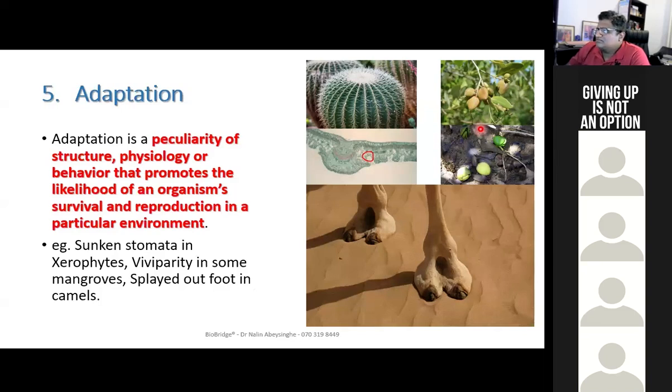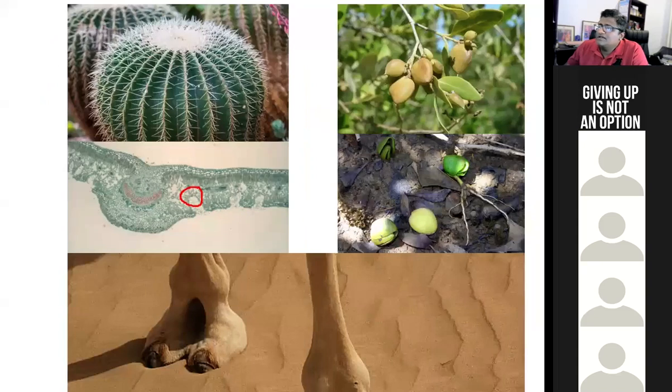Because if the fruit falls onto the ground, especially in mangroves, into the salt water, the fruit will get destroyed. But if the seeds are already germinated, can you see? Can you see in these mangroves, right?